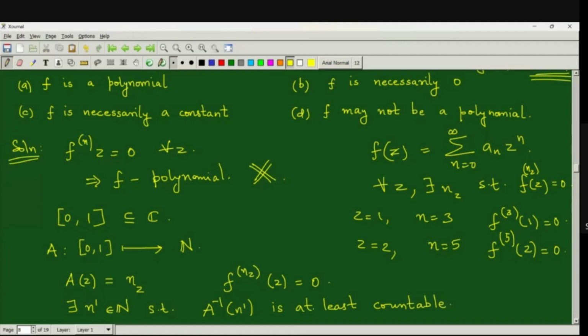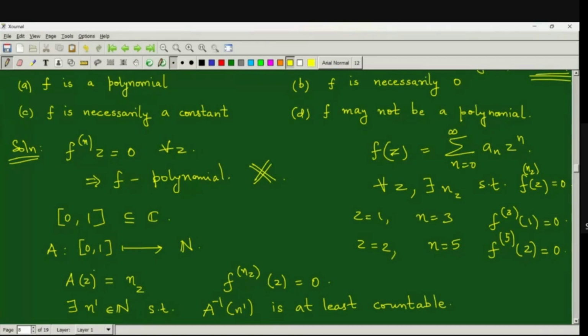This you understood? Okay, what if not? If not means what? For every natural number n, the inverse image is going to be a finite set.